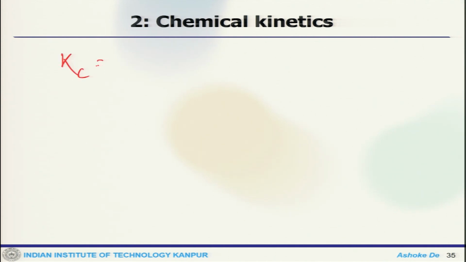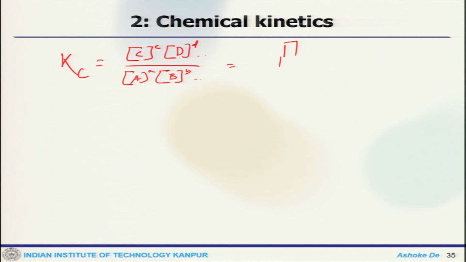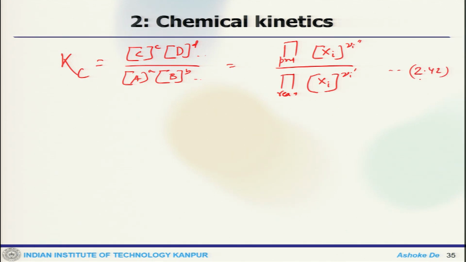Now we can find out the Kc. So, the Kc is [C]^c [D]^d divided by [A]^a [B]^b, which is the product of the products divided by the product of the reactants, where Xi is the mole fraction. So, 2.42.